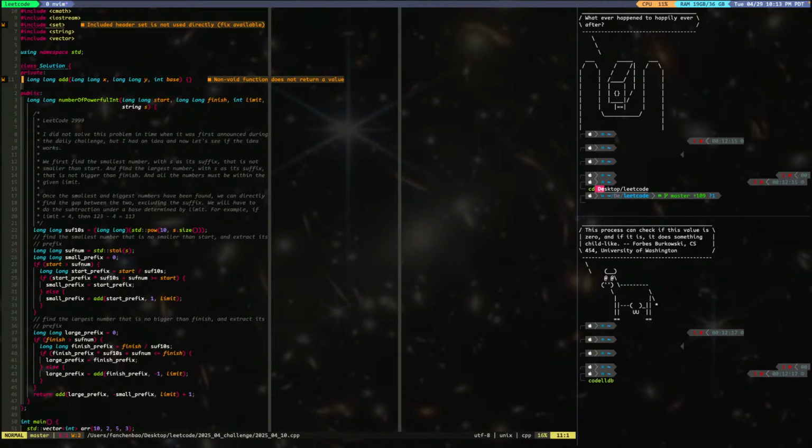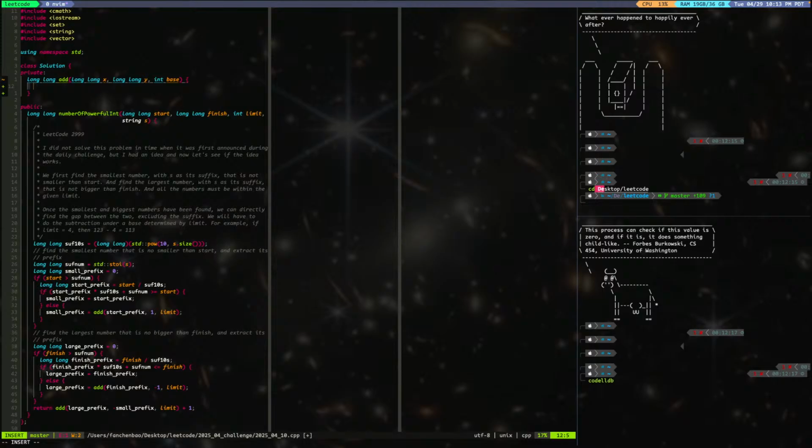So what is this? Find the largest number, and then we'll add limit base. So add 2 numbers based on the base. Okay. So we'll need to go digit by digit, right? Digit by digit.